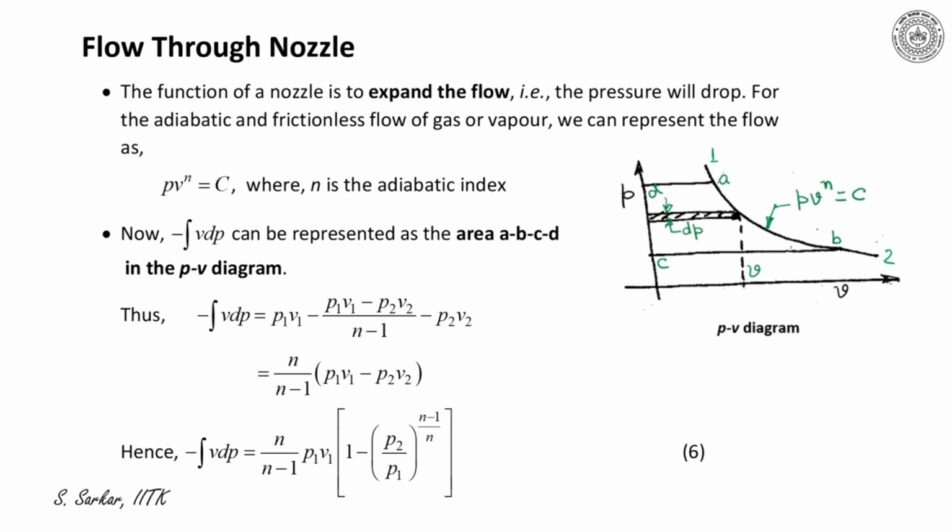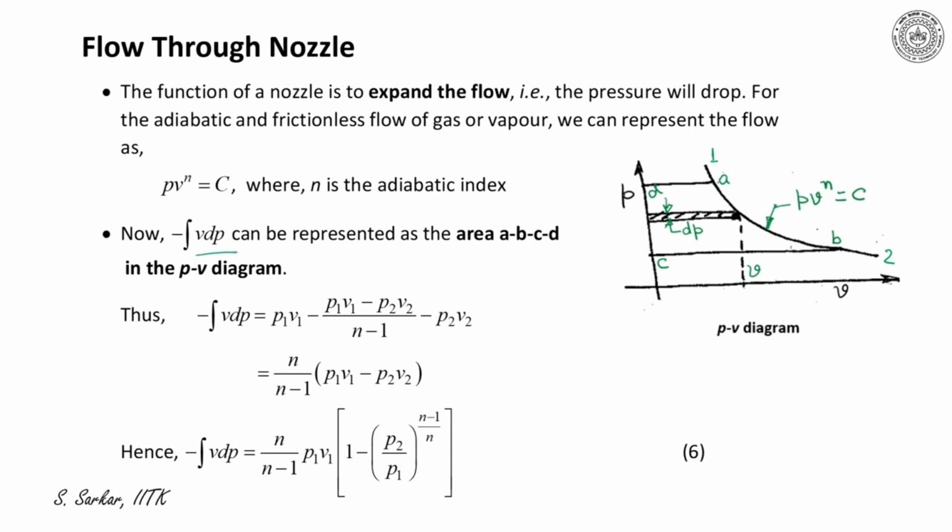Thus V into dP indicates the area represented by the hat region. Now I will have to evaluate integral V into dP.